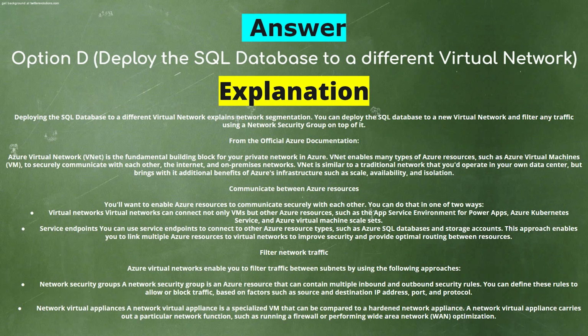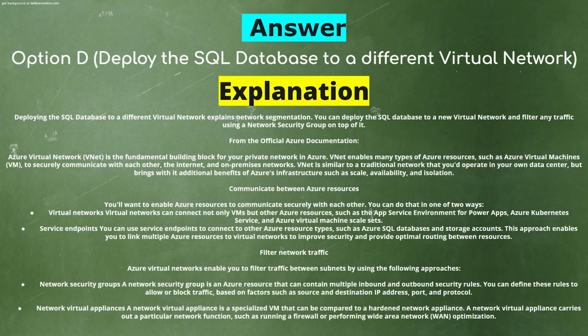Virtual networks can connect not only VMs but other Azure resources, such as the App Service environment for Power Apps, Azure Kubernetes Service, and Azure Virtual Machine scale sets. Number 2. Service endpoints. You can use service endpoints to connect to other Azure resource types, such as Azure SQL databases and storage accounts. This approach enables you to link multiple Azure resources to virtual networks to improve security and provide optimal routing between resources.